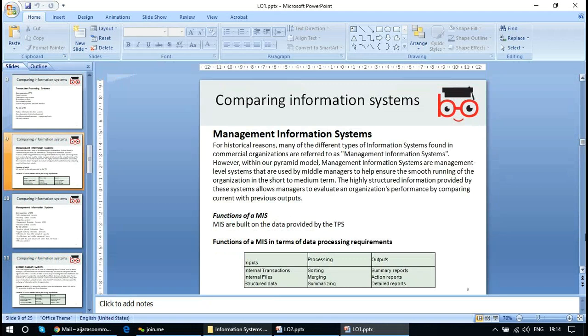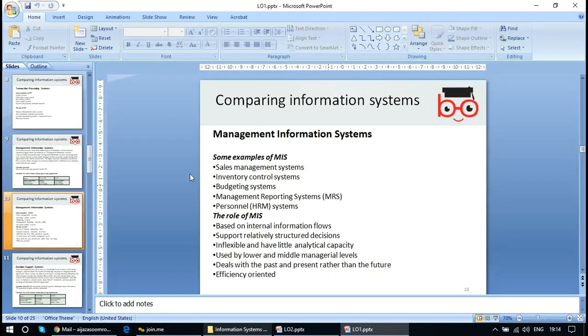Then management information systems. The examples are sales management systems, inventory control system, budgeting system, management reporting system, personnel systems. So now these are a little bit more management oriented.